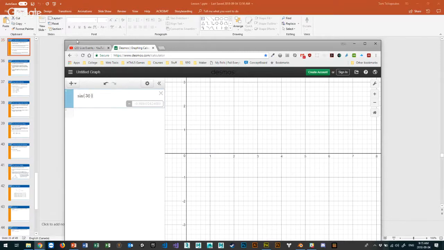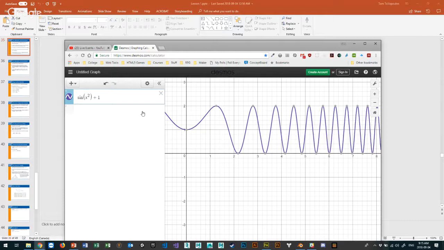So the answer is right here in Desmos. And if I add something, say plus 1, it'll give me the answer there as well. But if I put some variable in here, for example x squared, let's just try that. You can see that I get a really weird angle happening.